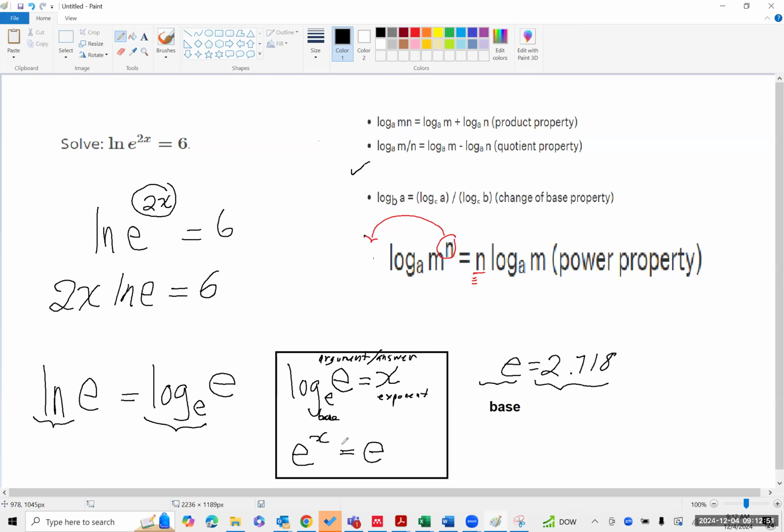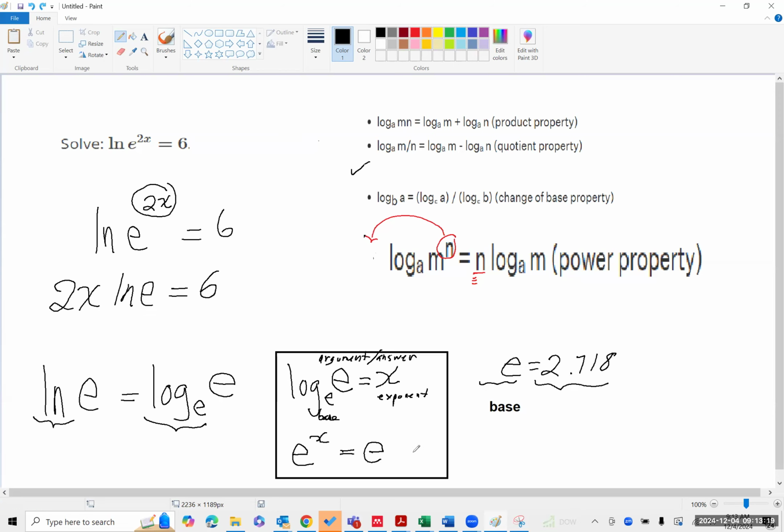Okay, so it should be pretty obvious to you that x, now let me clarify something. That's not the same x as this one. So don't get this x confused with this x. Maybe I should have used a different variable. So just ignore this x for a minute.